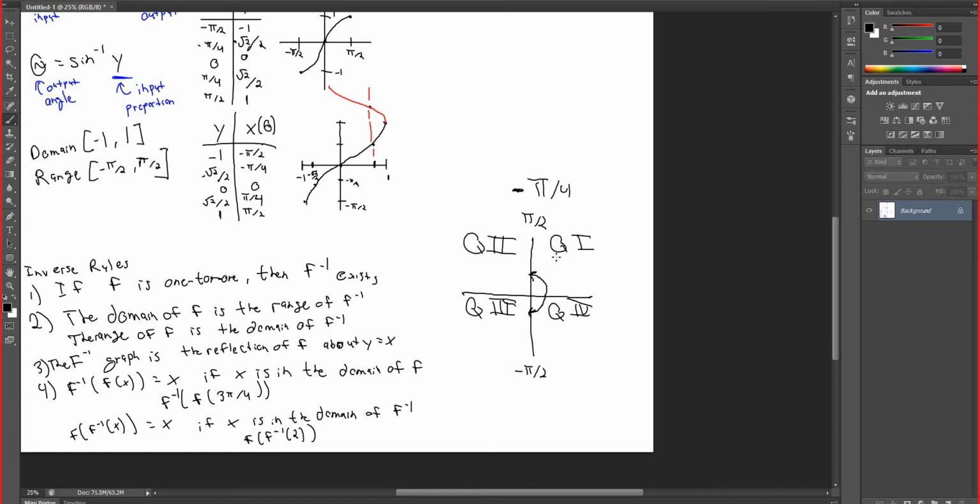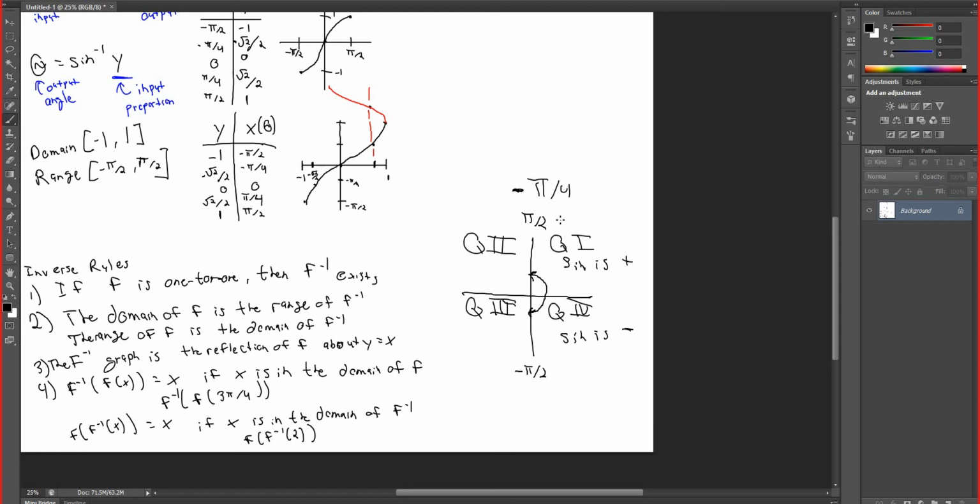And this covers, so in quadrant 1, sine is positive, and in quadrant 4, sine is negative. So this covers all possible values, say on the graph of sine, because you can only have -1 to +1, and this covers all of those.